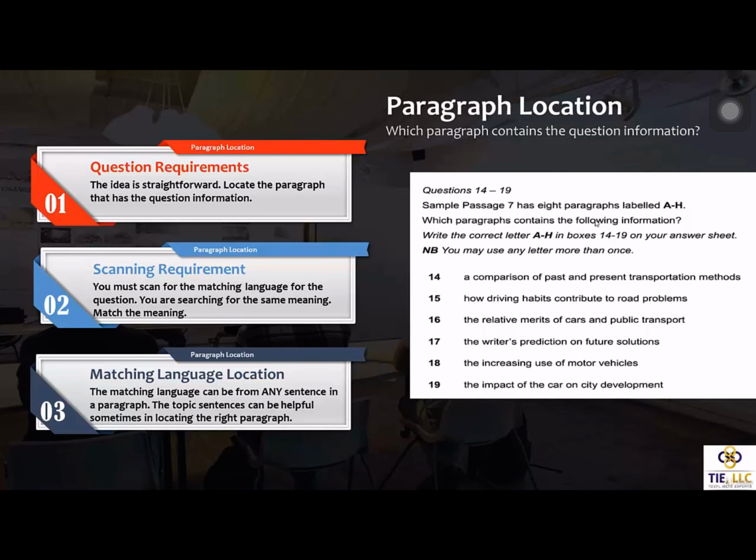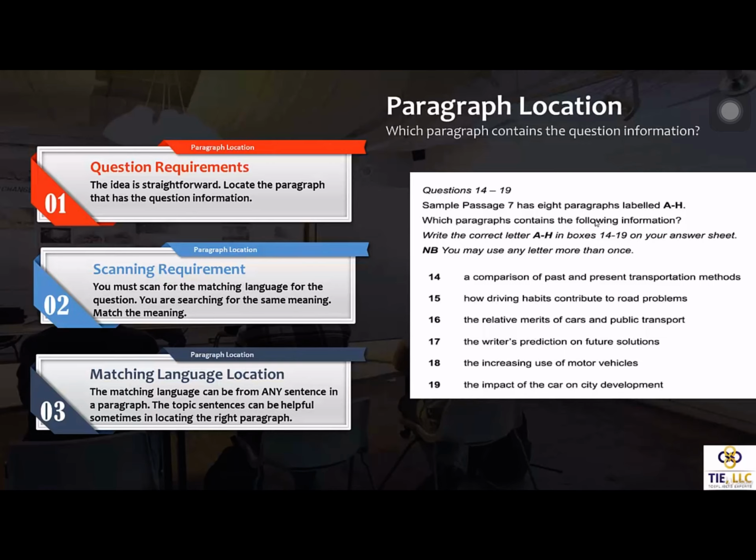Because I'm going to tell you how to make the scanning process much, much easier. Now, we always have to match language location. And this question can be difficult because the matching language can be from any sentence in a paragraph.